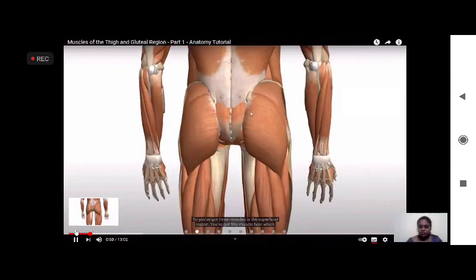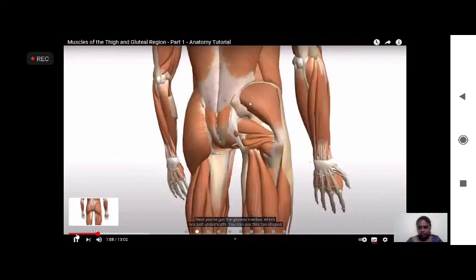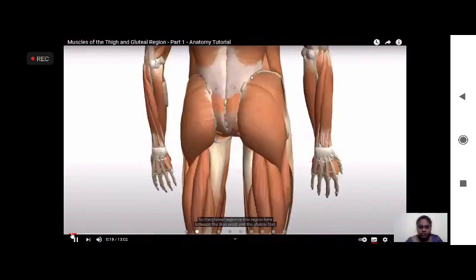So you've got 3 muscles in the superficial region. You've got this muscle here, which is the gluteus maximus, innervated by the inferior gluteal nerve. Next, you've got the gluteus medius, which lies just underneath. You can see this fan-shaped muscle here, and this abducts the femur. And you've got the minimus, which lies underneath, and that is also an abductor, so it works together with the gluteus medius.